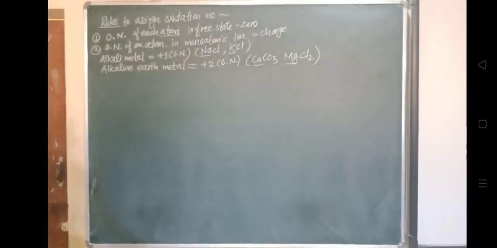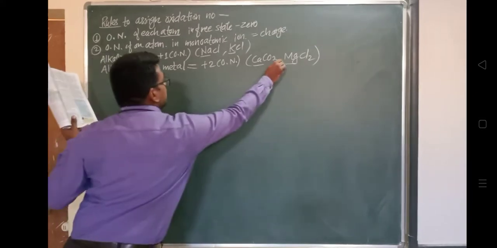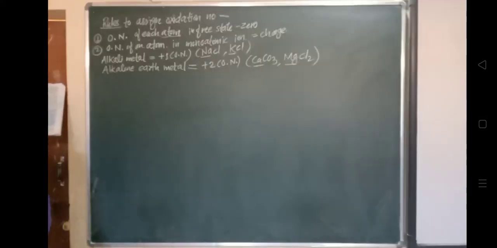So in this way this is an example of alkaline earth metal.